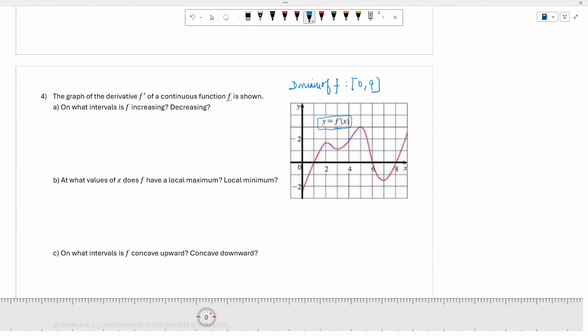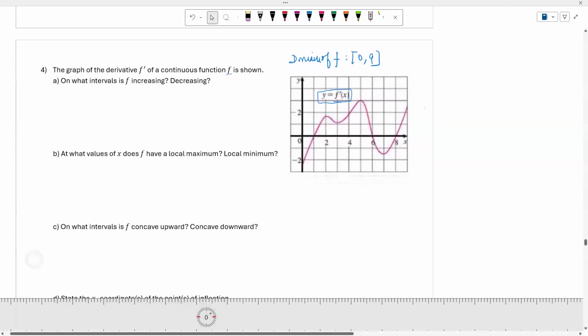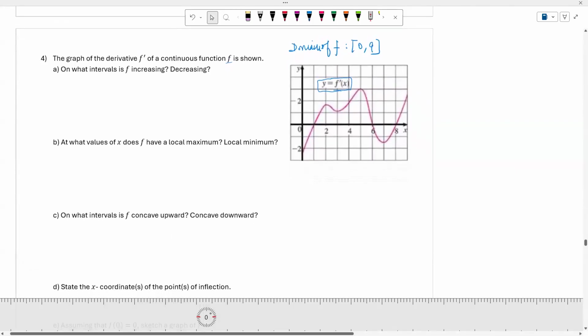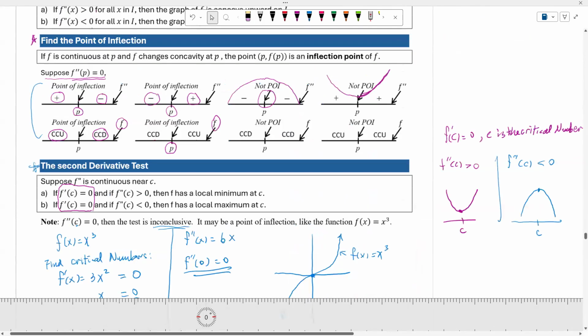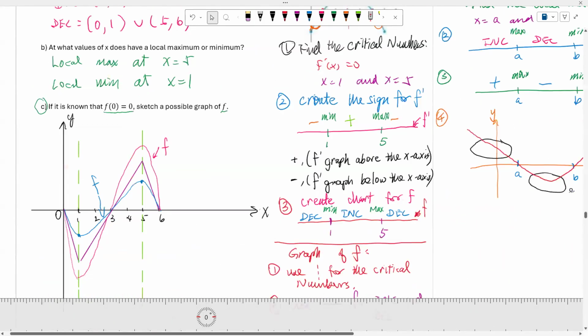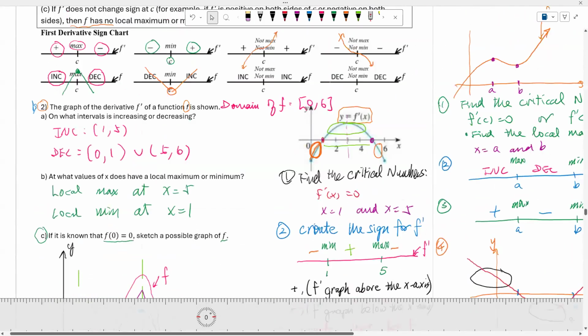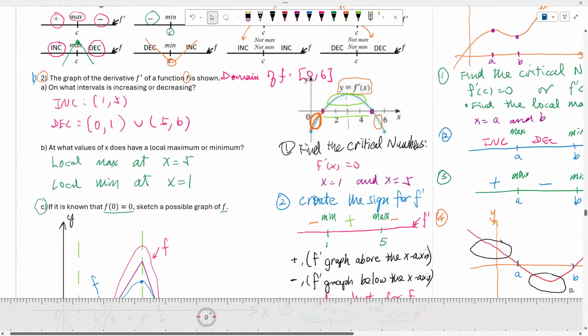Then you should be able to work on 4a, b, because again, just use the technique that you learned in problem number 2. Try to find the intervals of the function f where the function is increasing or decreasing, and then determine the local maximum and minimum.